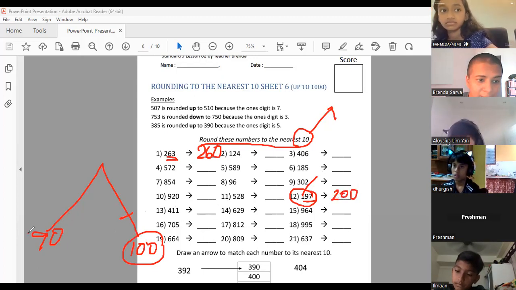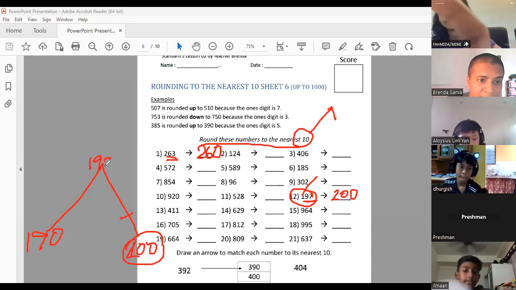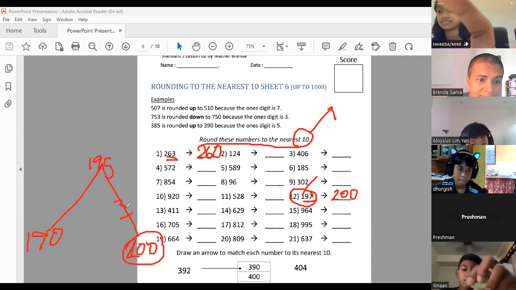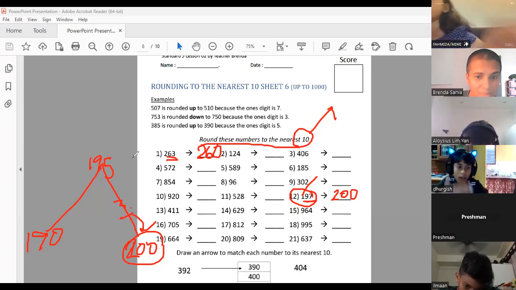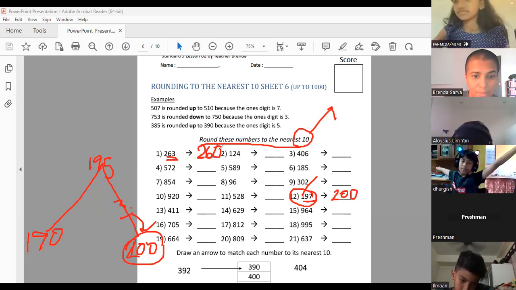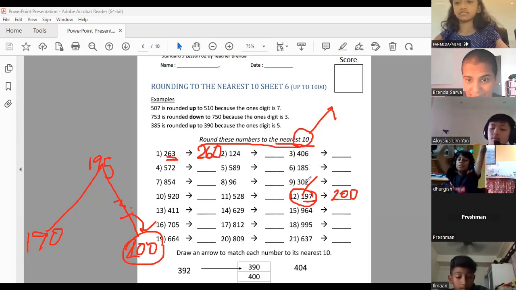In other words, this is 190 and this is 200. This is 195, so 197 will obviously fall to 200. Got it? Now, that is rounding off to the nearest tens.